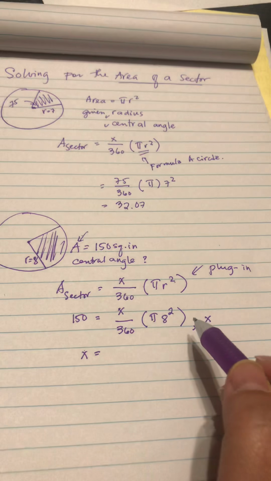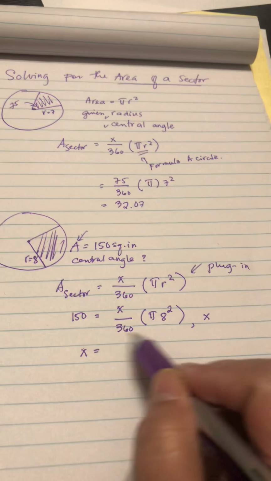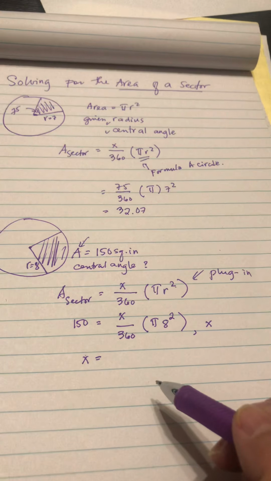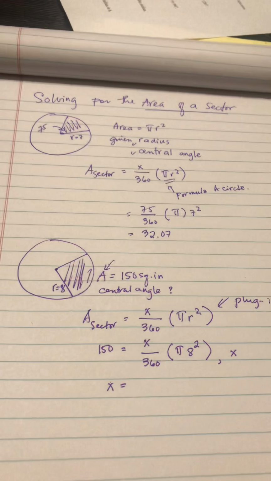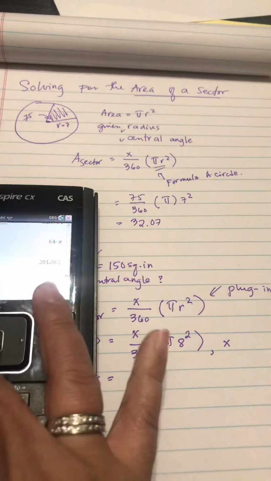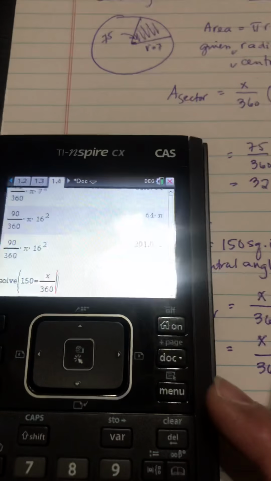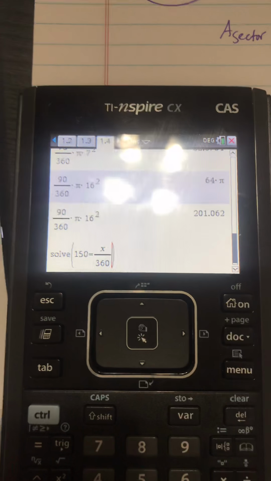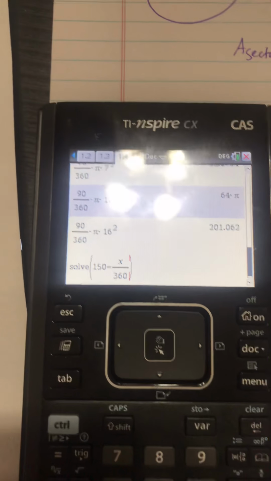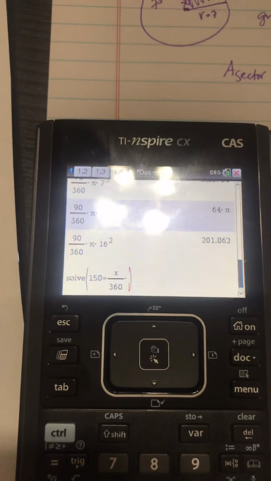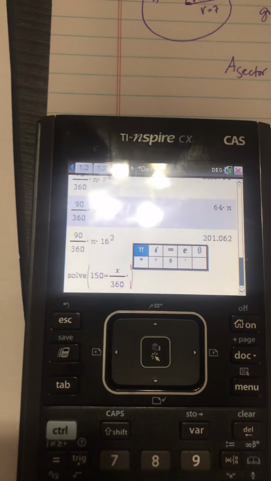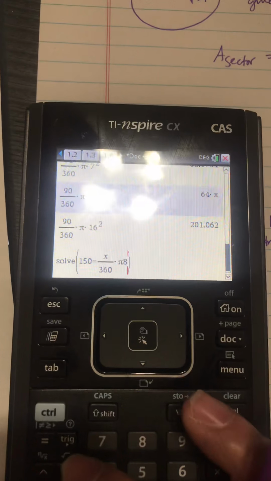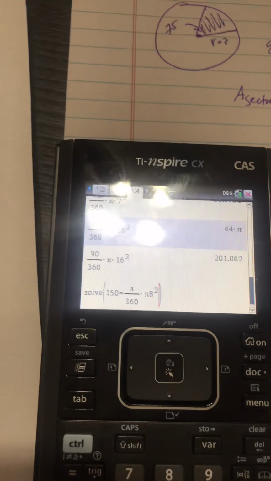Then simply solve, do numerical solve, or you could solve it manually and just work it backwards. What I will do is enter it on the calculator and do numerical solve. So you're looking at 150 equals x over 360 times pi, and it says r squared, which is 8 squared, and then comma x.